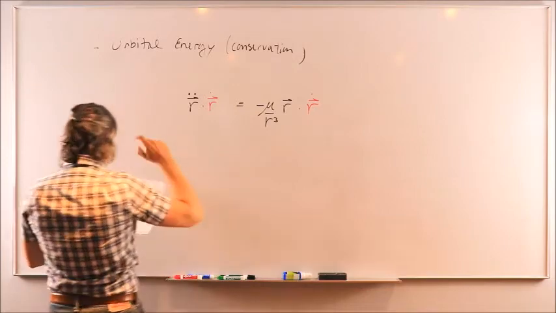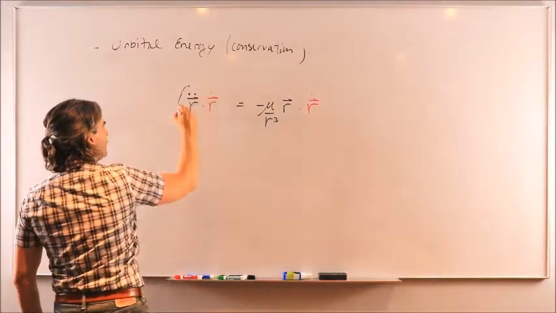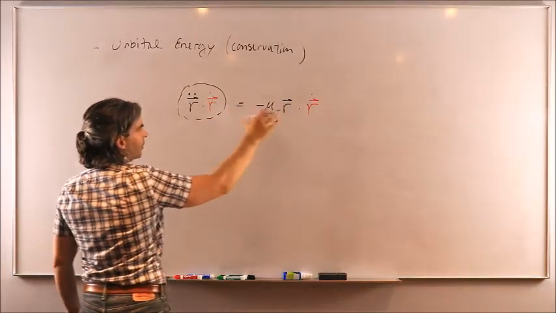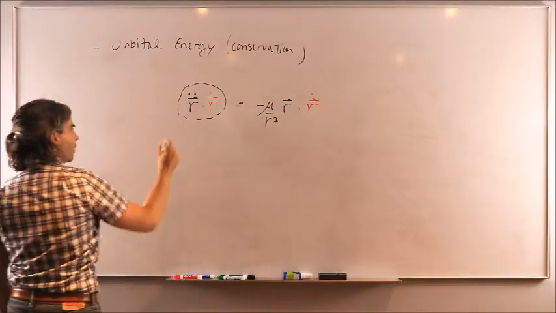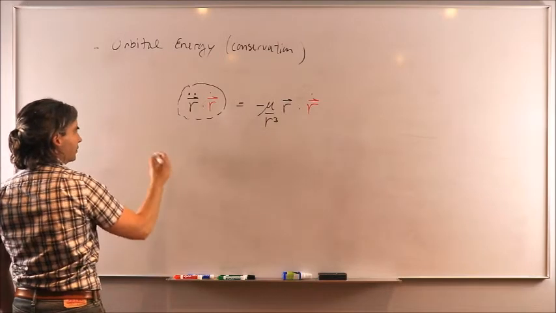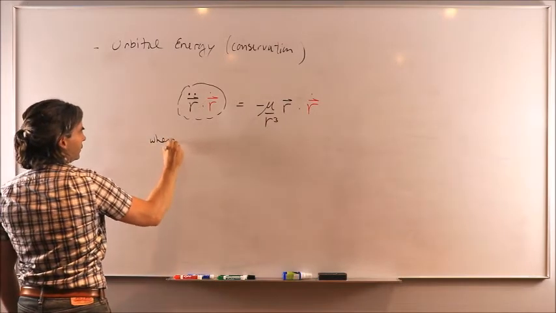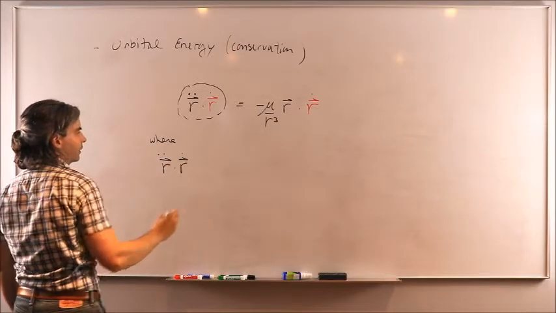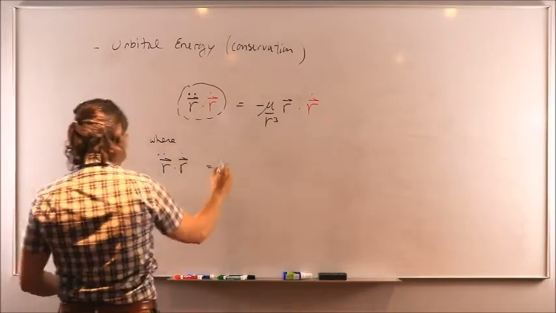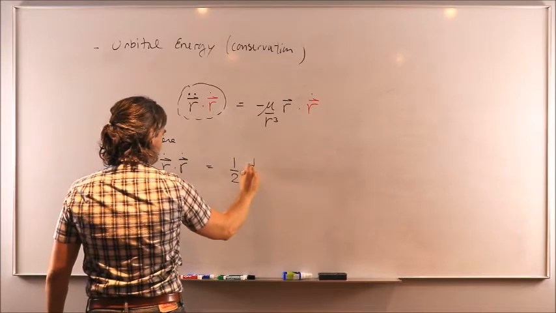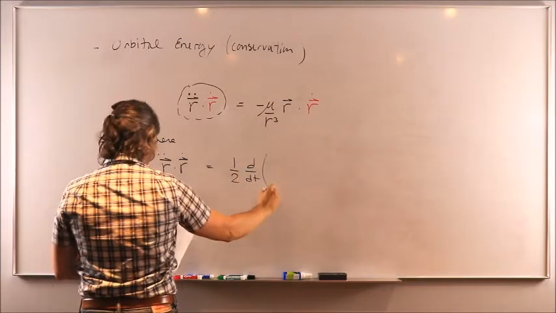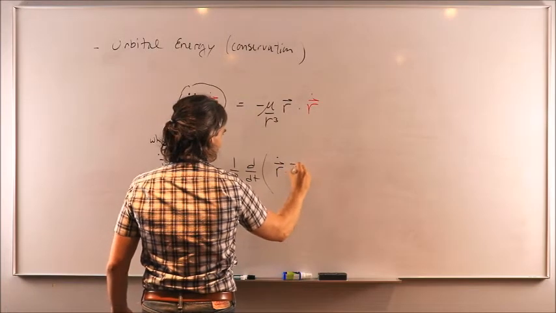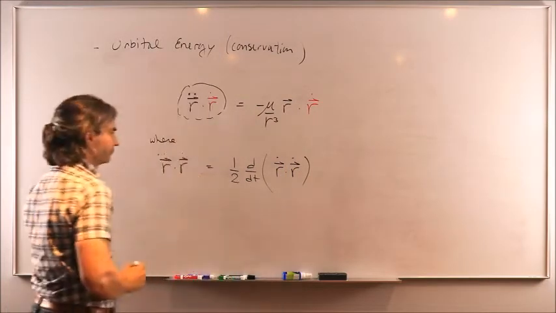So let's have a look at the left-hand side of our two-body equation, which we took the dot product with r dot. It will be shown that this dot product is equivalent to taking half of the time derivative of r dot with itself.